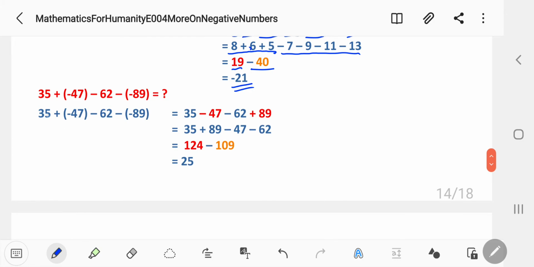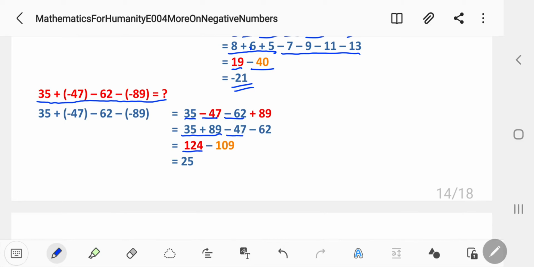The next one is 35 plus negative 47 minus 62 minus negative 89. You can write that as 35 minus 47 minus 62 plus 89. So you can write all the positive numbers here and all the negative numbers here. 35 plus 89 is 124.